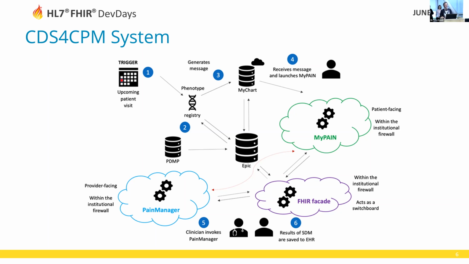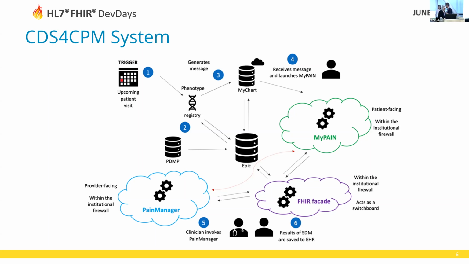And the observations are how Pain Manager is actually able to read it. So this facade is a way for us, by still expressing the capabilities in the applications in pure FHIR standard form, to get some additional capability out of the environment that isn't necessarily supported by the native FHIR servers. So that's the architecture there.